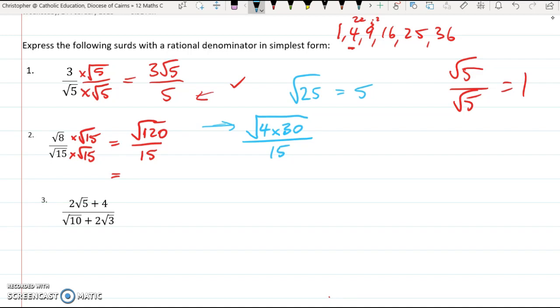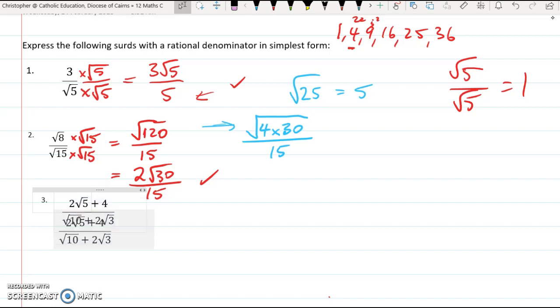Now what we can do is bring that square root of 4 outside, because we know the square root of 4 is 2. So really what it becomes is 2 root 30 over 15. And that's how we simplify that. We can't simplify the 30 underneath the root sign anymore. There's no square number factors that go into it. So that's that one done.